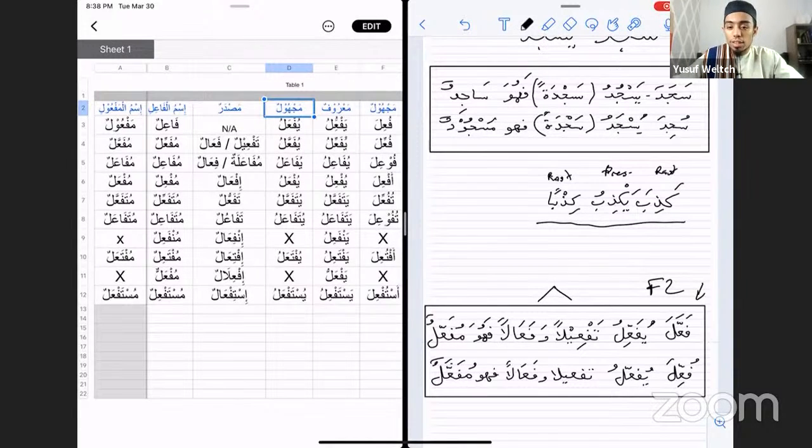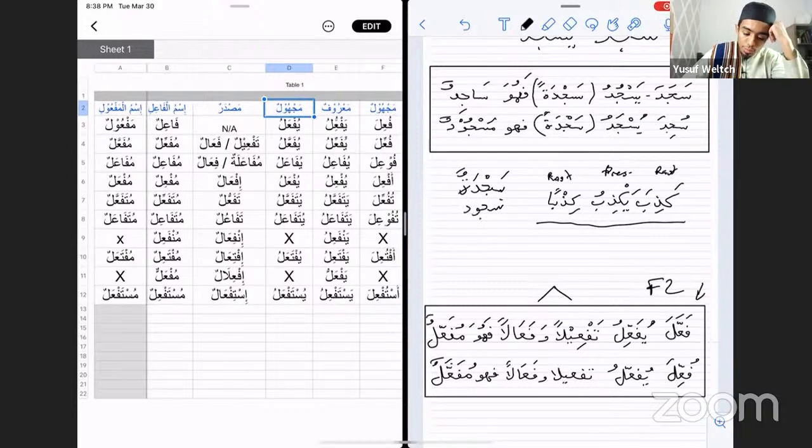Form 1 doesn't, every word in form 1 has a root noun, except the difference is that the root noun doesn't follow any specific pattern. And sometimes you may even have multiple root nouns for one word. Just now we talked about sajda. Sajda and sujud are the same thing. Sajdatun and sujudun, they're the same word because they're both equally root nouns for form 1.